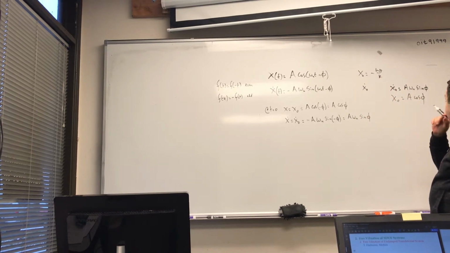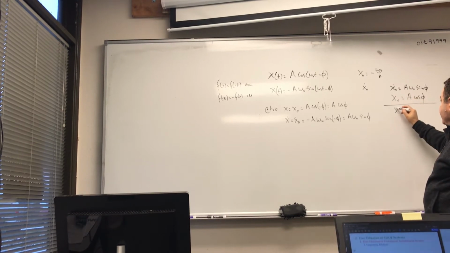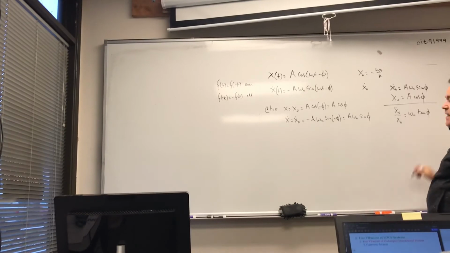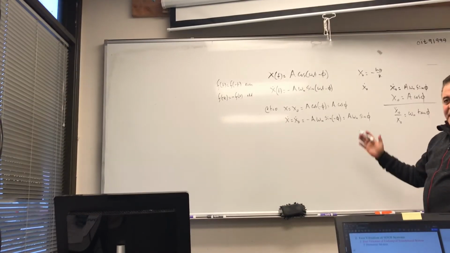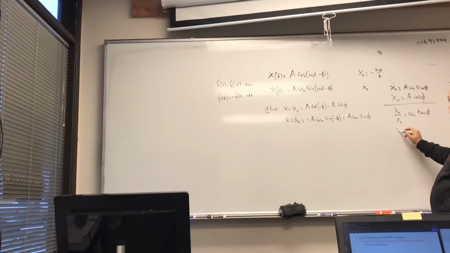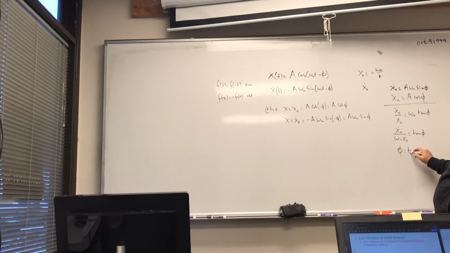I divide this by this and I get x dot 0 over x naught, the A cancels out, and it's going to be omega n times tangent of phi. Then I divide by omega n, because I want to keep just tangent on one side. So x dot 0 over omega n x0 equals tangent of phi, meaning that phi is equal to arctangent of x dot 0 over omega n x0.